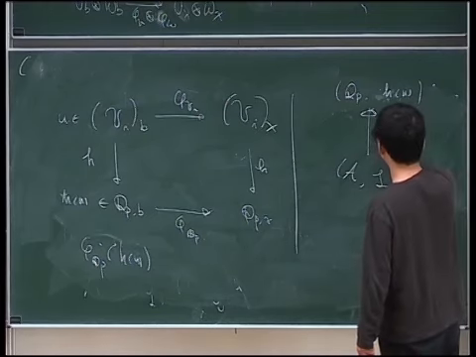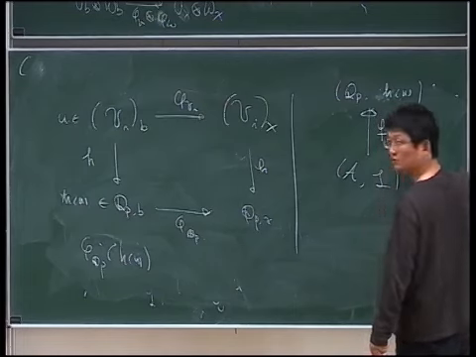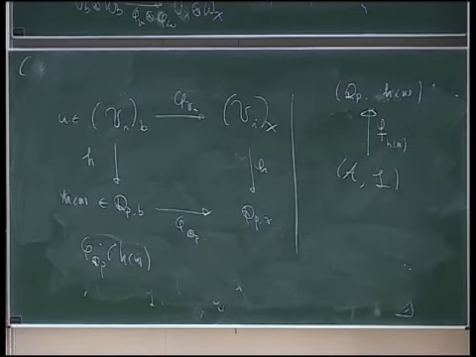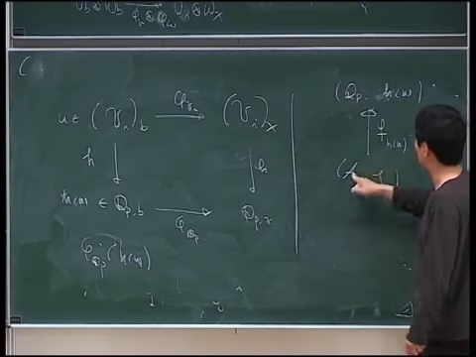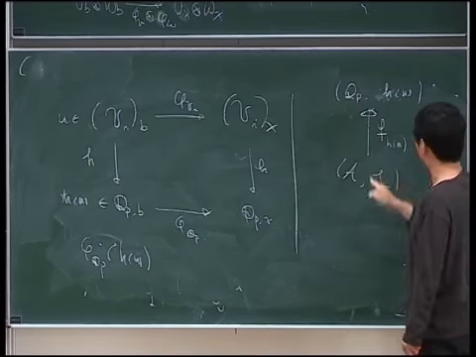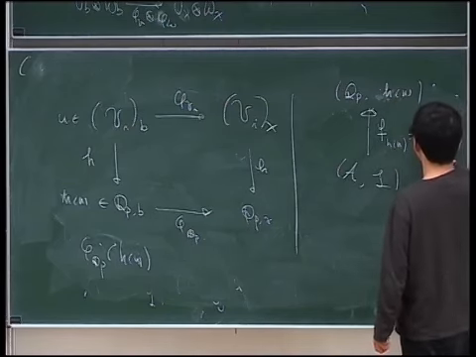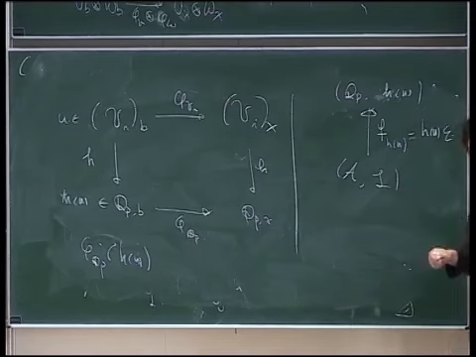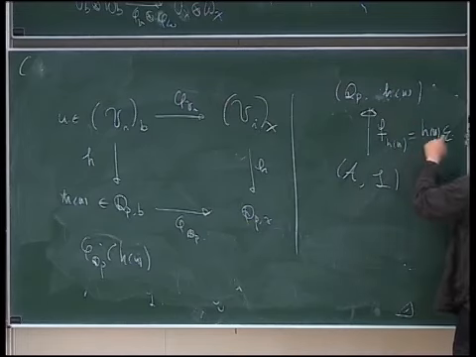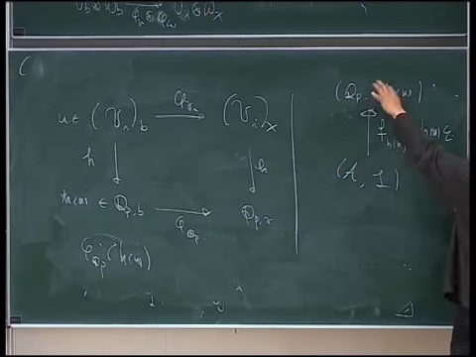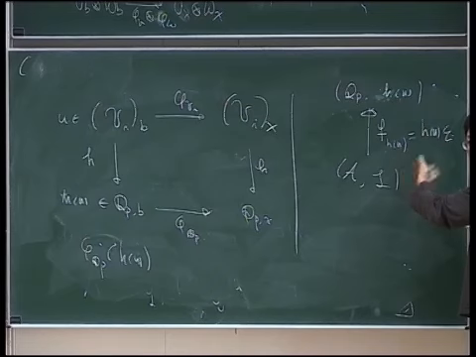I guess in the previous notation, this would be f of h u. There's supposed to be a unique map of sheaves from A to the constant sheaf that takes 1 to h u. But what is it? We know what it is. This is h u times epsilon. That's what we said earlier. That's the only choice. When this is 1, this is our augmentation map epsilon. And if it's some other constant, it's just that constant times epsilon, because this is a map of sheaves, with the uniqueness.